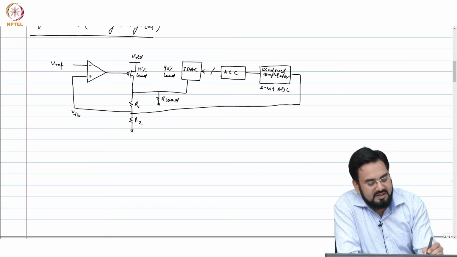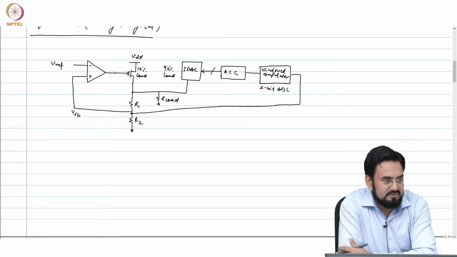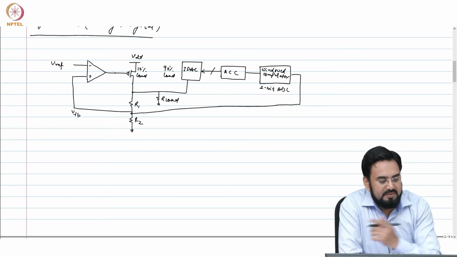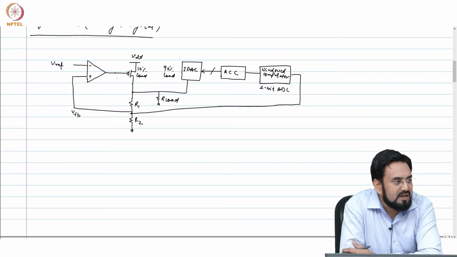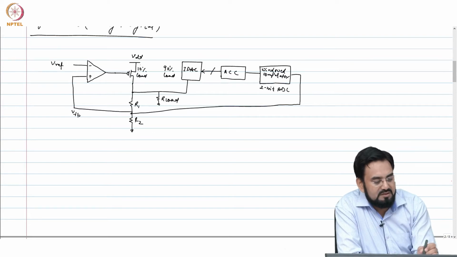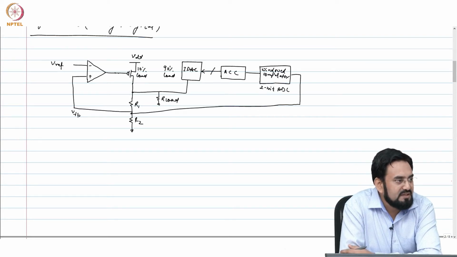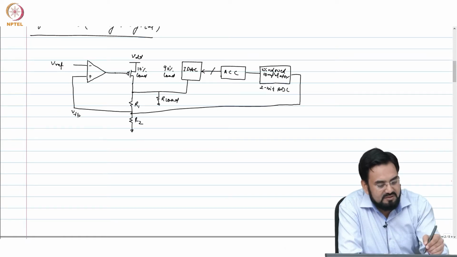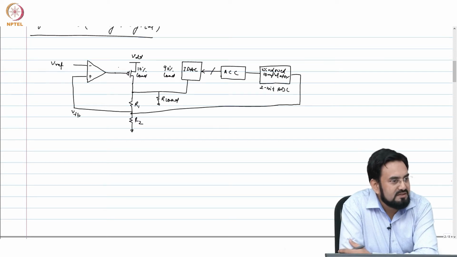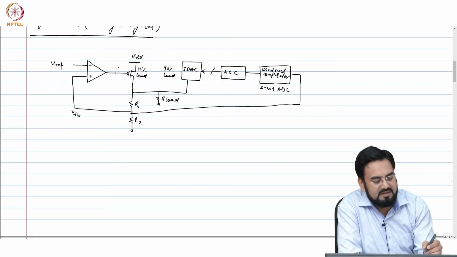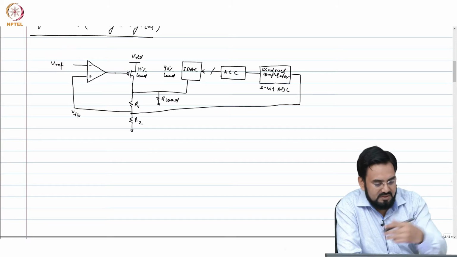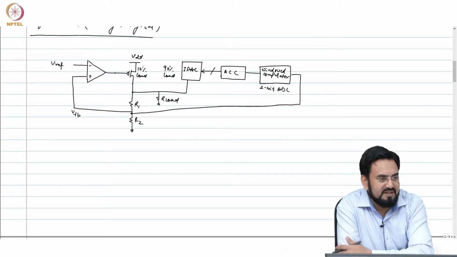Other way, you can sense this gate voltage also. So what would happen? So let's say you have sized this for 100 millivolt overdrive voltage. Okay, so which means at 1 milliamp your VGS minus VTH will be 100 millivolt. Okay, and you know VTH roughly, let's say 500 millivolt, which means your gate voltage will be, it's a difference from VDD.